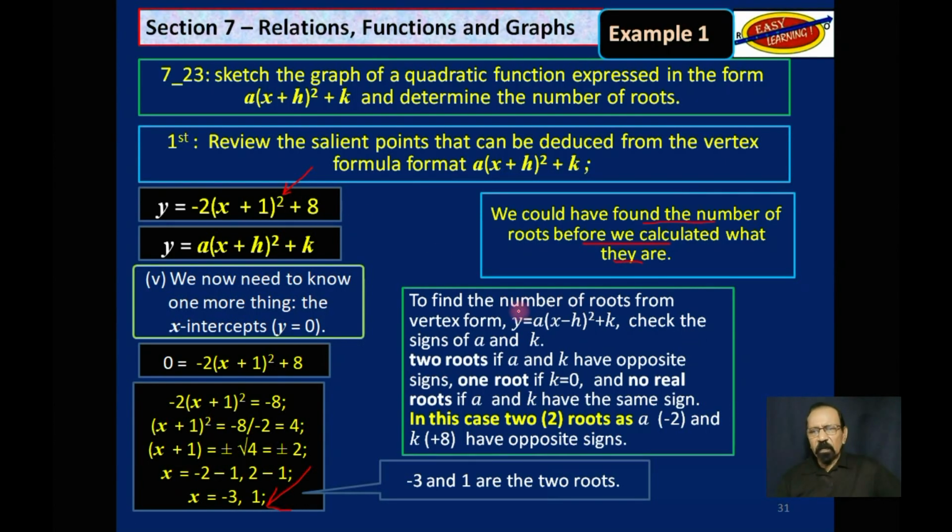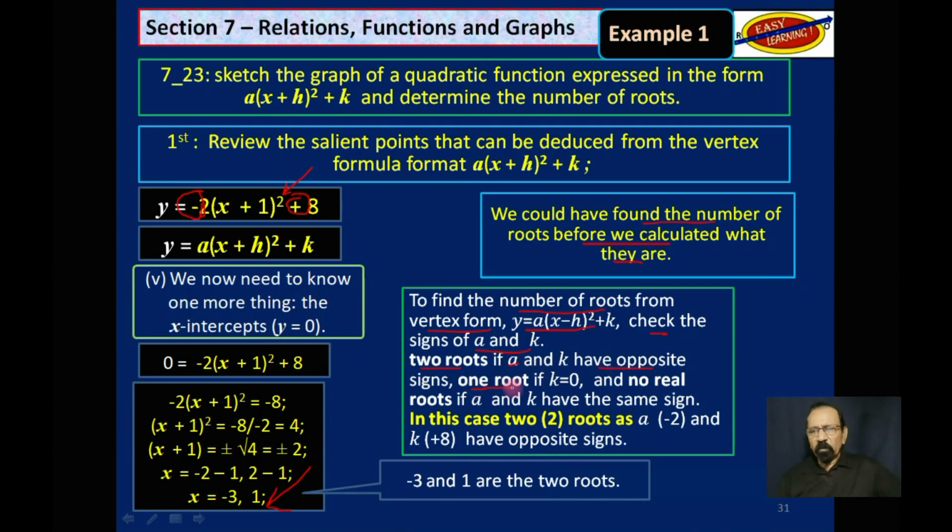To find the number of roots from the vertex form, check the signs of A and K. Now you would have two roots if A and K have opposite signs, as in this case.